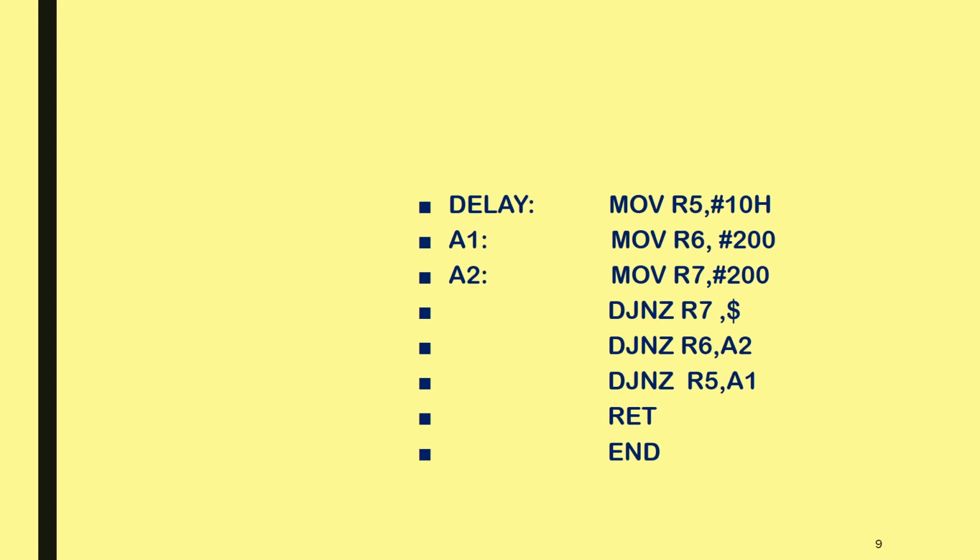Decrement, JNZ R7; decrement, JNZ R6; and decrement, JNZ R5. So all the 3 loops, one by one it will execute. Comparatively, a few seconds approximately we will be able to obtain with this small delay routine.